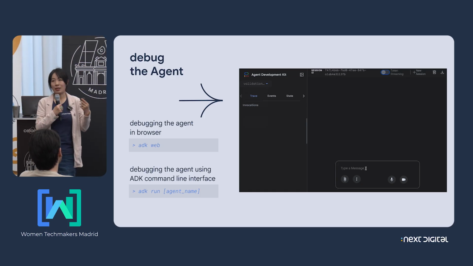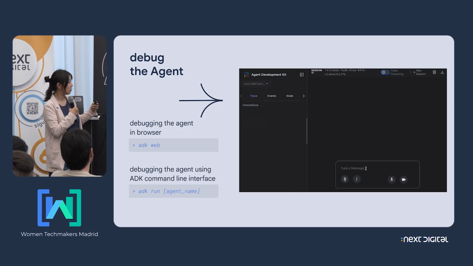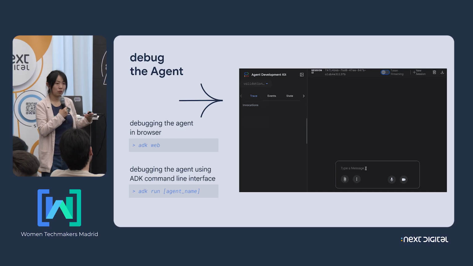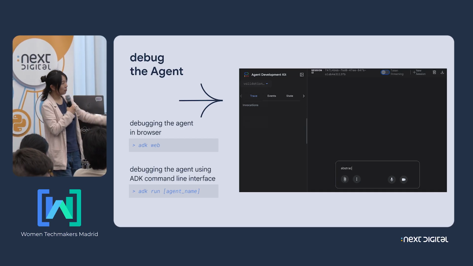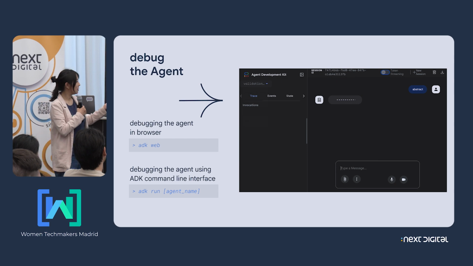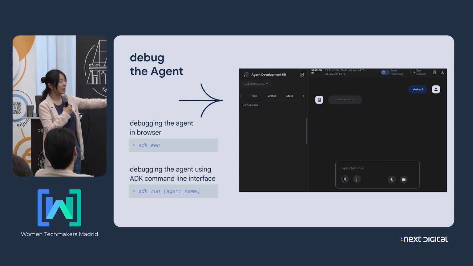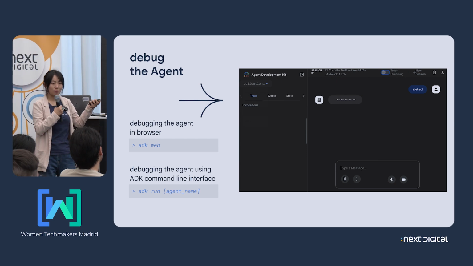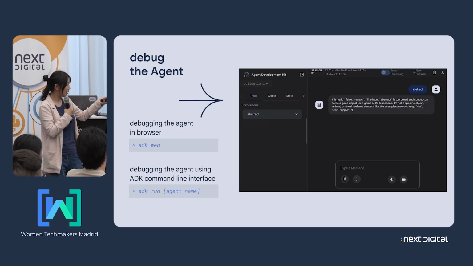As mentioned, the ADK toolkit comes with a few very useful things on the command line. One of people's favorite things is the debugging interface. If on the command line we type adk web, it automatically spins up this debugging website.